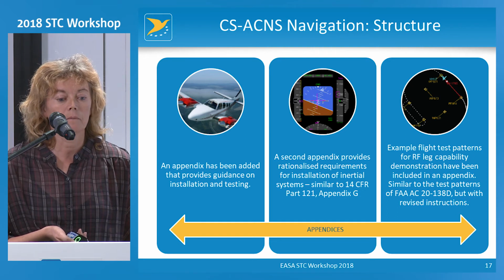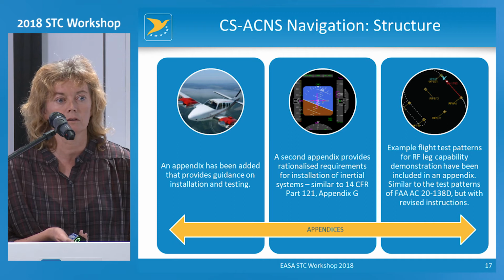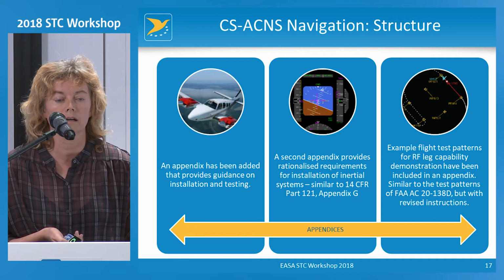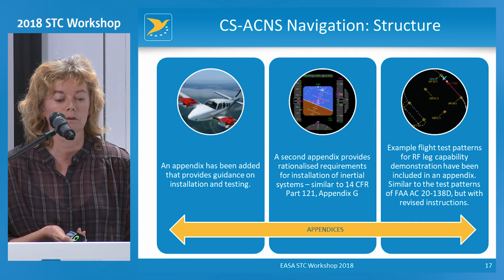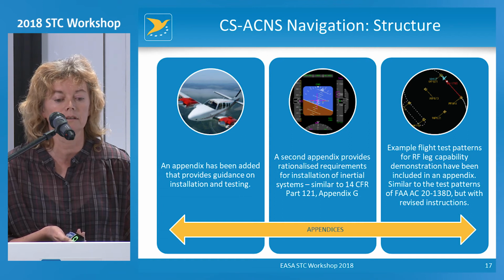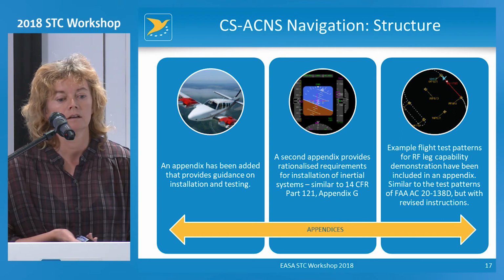And Appendix C gives some test patterns to demonstrate the RF leg capability. So it is very similar to what is now in the FAA Advisory Circular 20-138D, with some revised instructions.